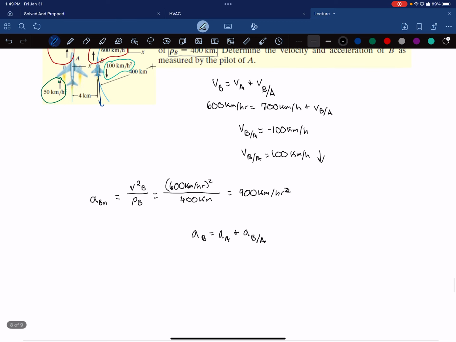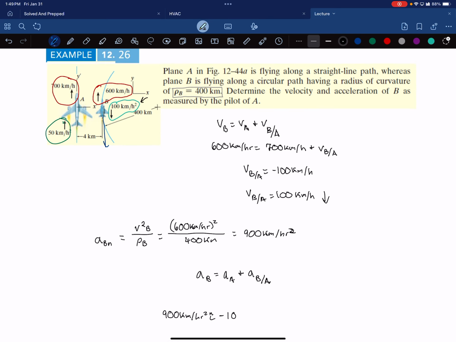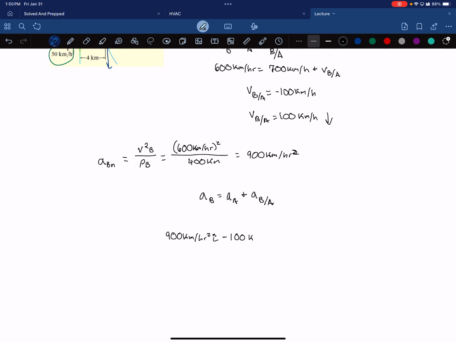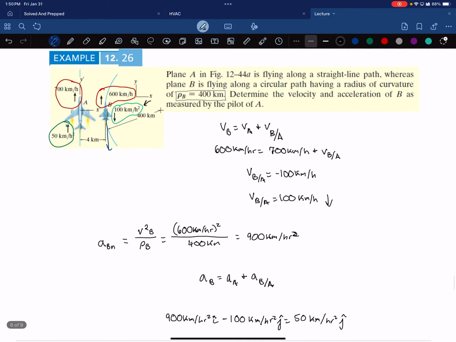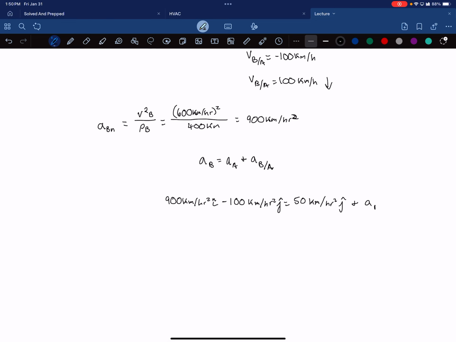We have the normal component, which is the x direction, so that's 900 kilometers per hour squared i, and then minus, because the tangential acceleration of B is in the negative direction, 100 kilometers per hour squared j hat, and that's going to equal our A component, which is 50 kilometers per hour squared j hat, we only have something in the y direction there, and then plus a with respect to b.